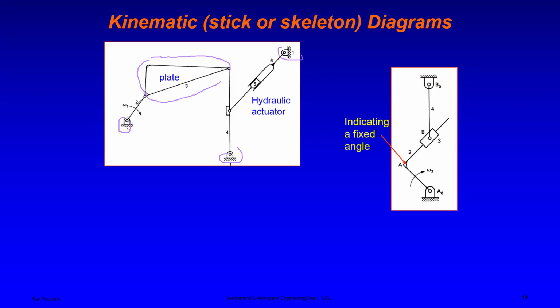So now this is link 1, which is fixing it. And then this is link 2, the whole of this is link 3, and then this is link 4. And then this will be link 5 for the hydraulic actuator, and then this will be link 6. So now this will help us in calculating the degrees of freedom later on.